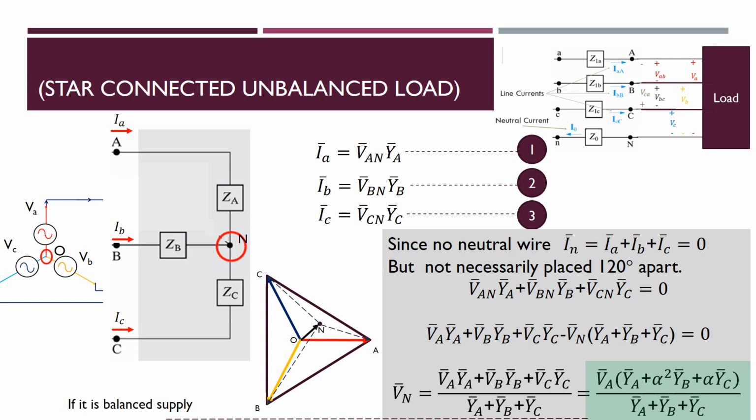This is the shift. Because of that, VAN, VBN, VCN are the voltages of each arm of the star connected unbalanced load. This is the neutral shift, and it gives you an unbalanced system.